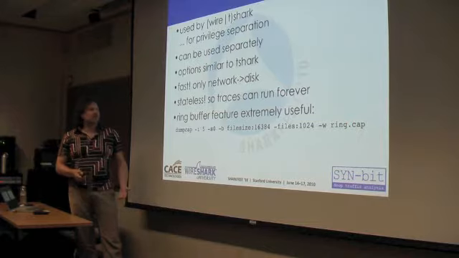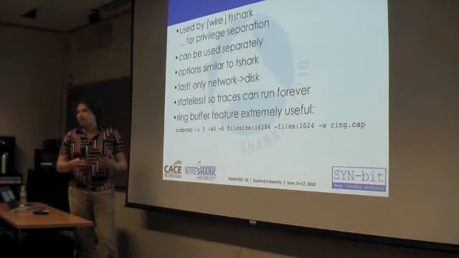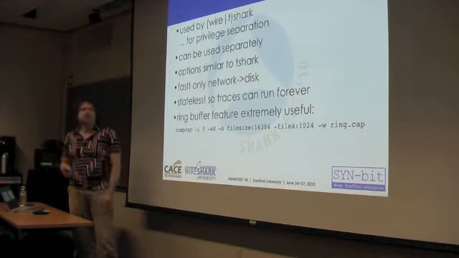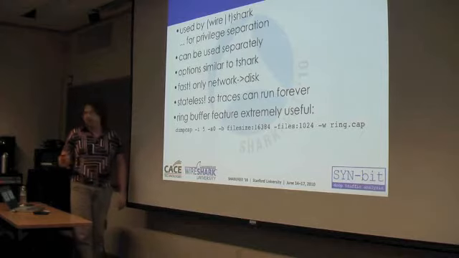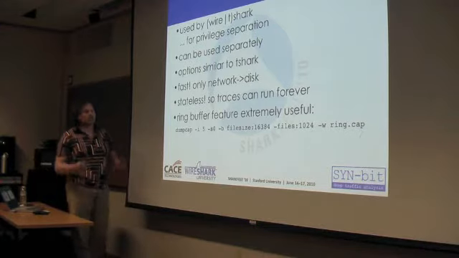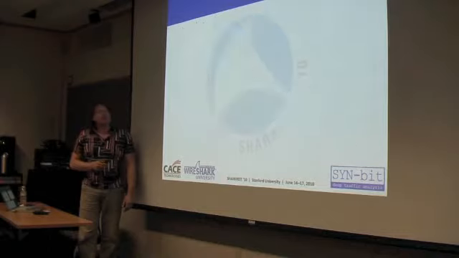This will create a 16 gigabyte capture buffer, and it just keeps rotating. And once the problem appears, you stop Dumpcap and you go look at the packets where you are. I don't know who was here in the session about the SDMS this morning. That's really great because that automates this whole thing. But you have to pay for that.